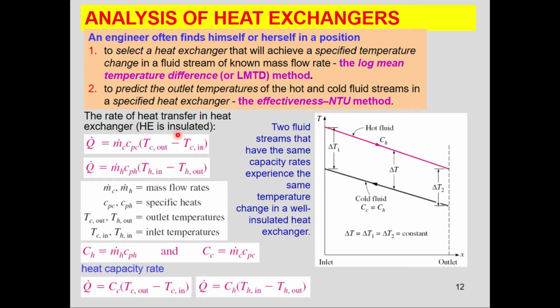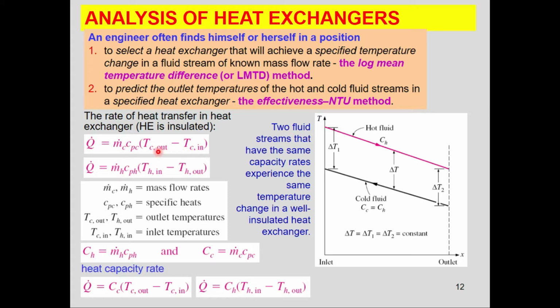The heat is only transferred from the hot fluid towards the cold fluid. The heat transfer rate for the cold fluid is given by this expression, Q dot equals m dot c Cpc delta T, where m dot c is the mass flow rate, Cpc is the specific heat, and this is the temperature difference, Tc,out minus Tc,in.